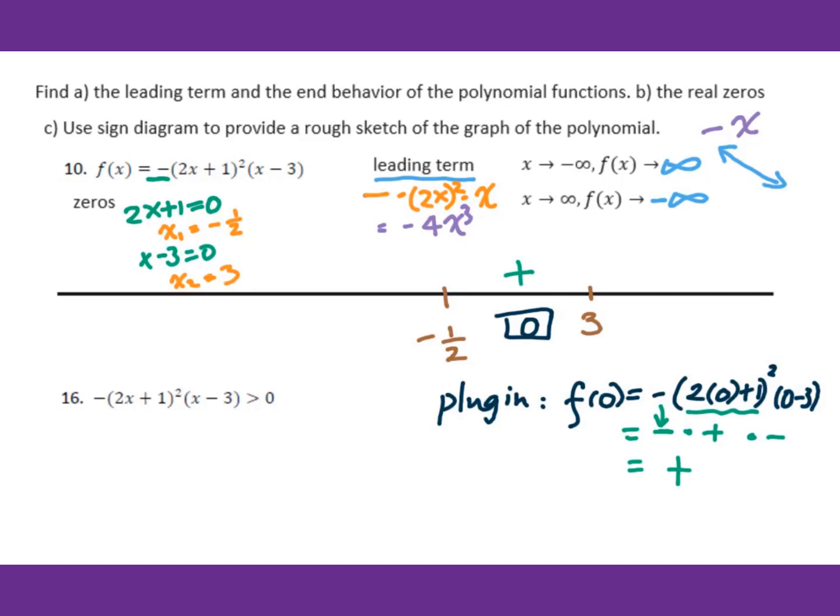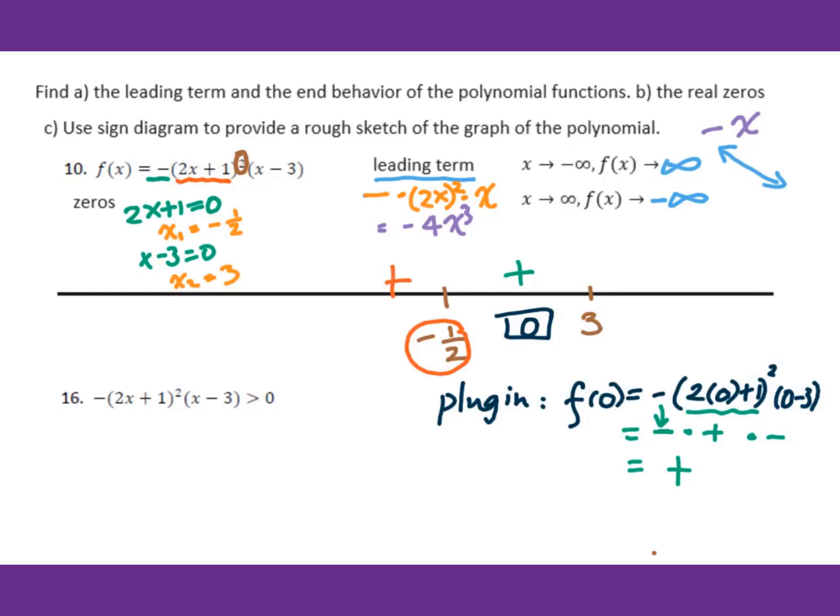Then check for this -1/2. You get the -1/2 from this factor. This factor has an even power. That means the neighbor interval has the same sign. It's a positive.